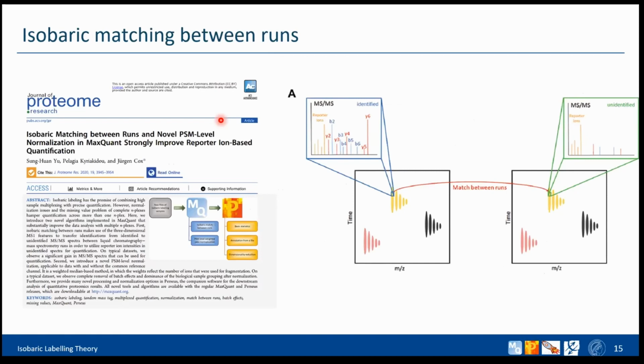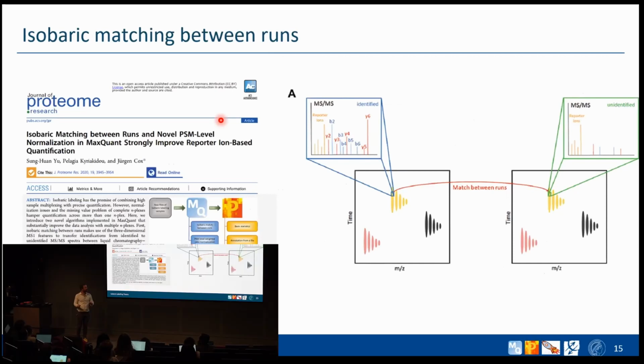We're now slowly moving in the direction of what Carlo was discussing about label free, because this is now again labeling, comparing runs between each other. And as Carlo said, there was this matching between runs idea in the label free.